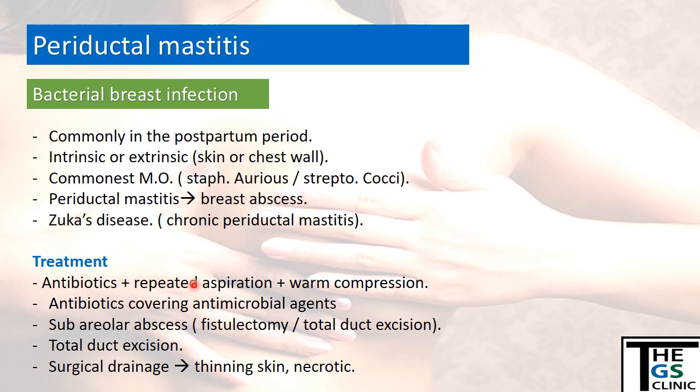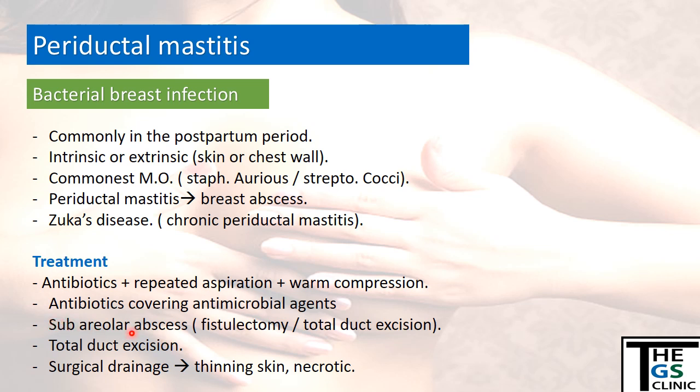First of all, we send the abscess for culture and sensitivity to know the type of the microorganism in this infection, and start with empirical antibiotic, then change according to the result of the culture.